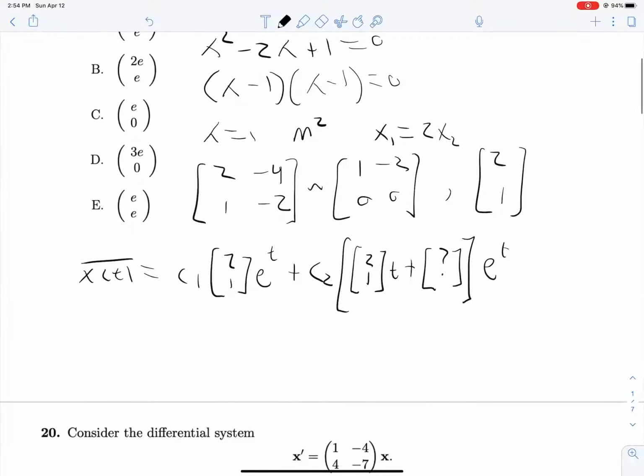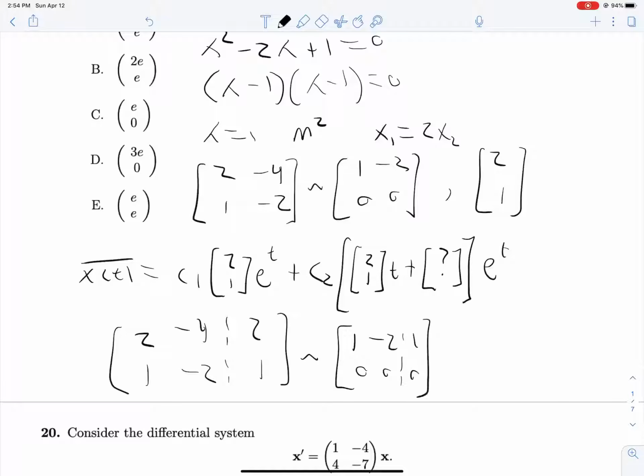That will be from setting up the augmented matrix of A minus lambda I, so 2, 1, negative 4, negative 2, and then 2, 1, our eigenvector, on the other side. Simplifying this down, we get 1, negative 2, 1, and we can zero out this entire row. And this right here is our generalized eigenvector, what we get on that side. So (1, 0) will go in there.